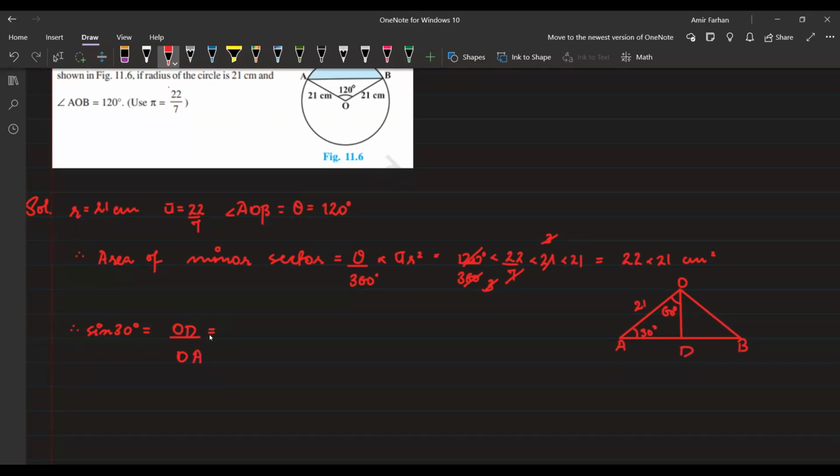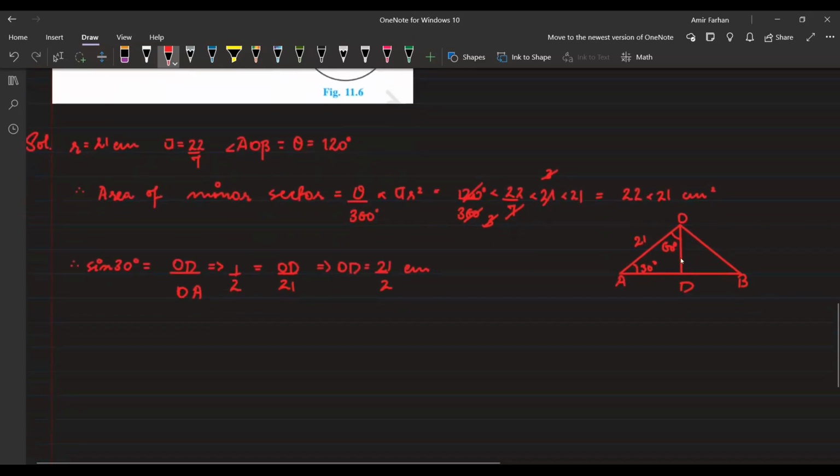Sine 30 is equal to half, which is equal to OD divided by 21. So OD is 21 by 2. Now we have got the value of this, right, Gianna?